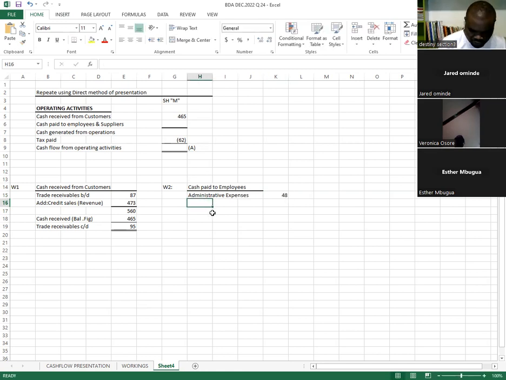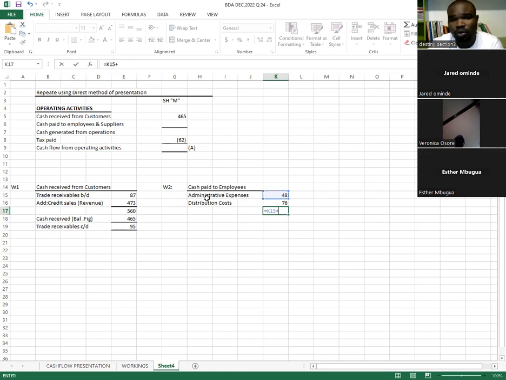There is distribution costs. If you check the question, that was 76. Then the total of which we are talking of, the sum of the two, is 124.